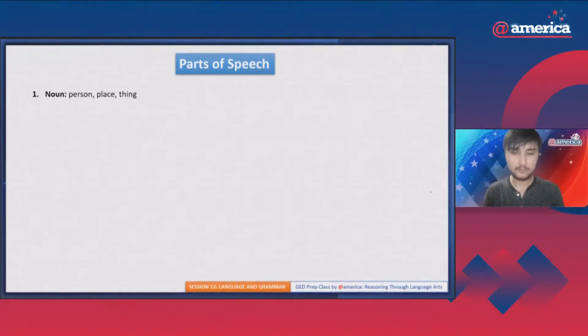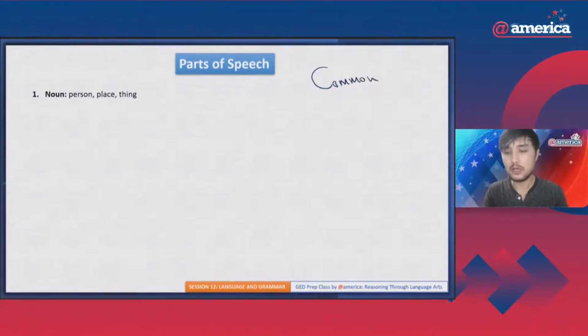And there are different types of nouns. You have personal nouns. You have common nouns. Let me change the color of my pen. So for instance, you have common nouns. You have proper nouns.